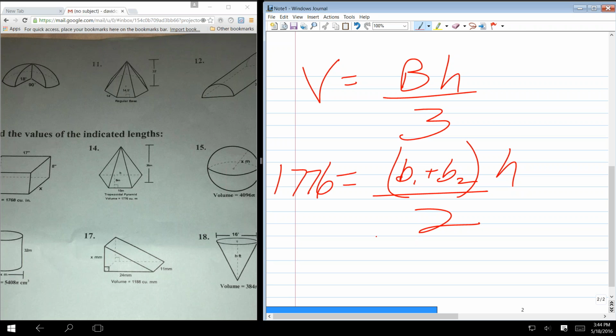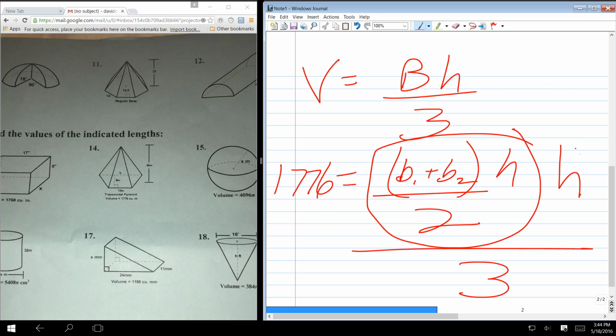So 1776 equals capital B times h divided by 3, and this h is 36, this h is 8. So it really should be like an h sub 1 and an h sub 2.